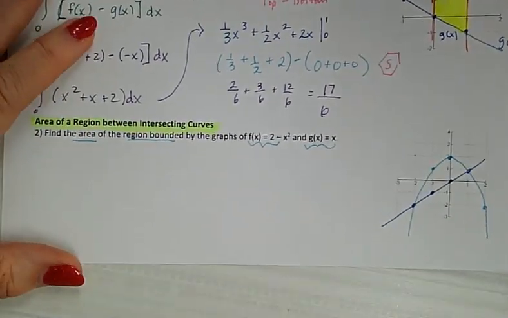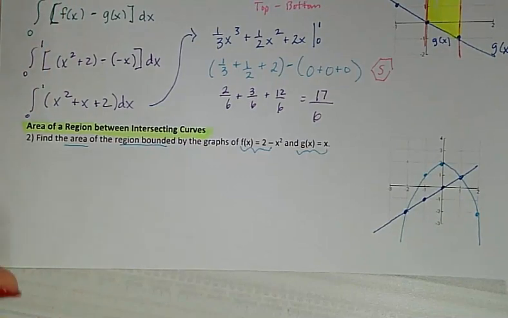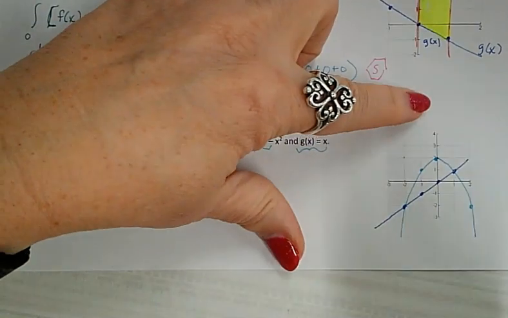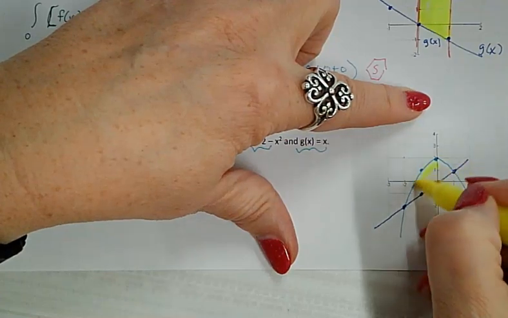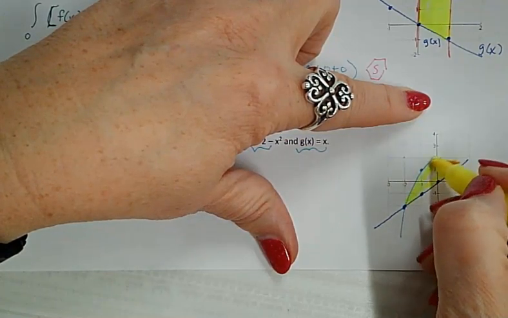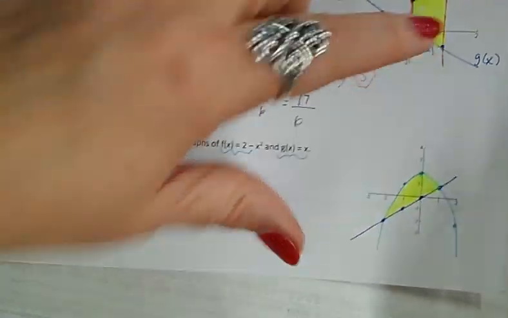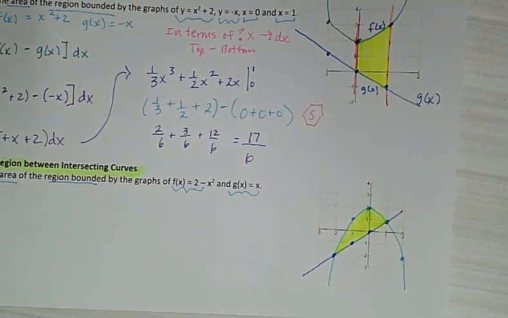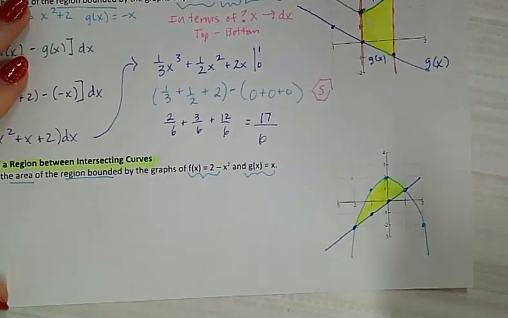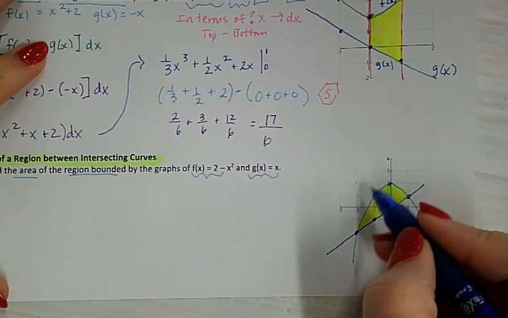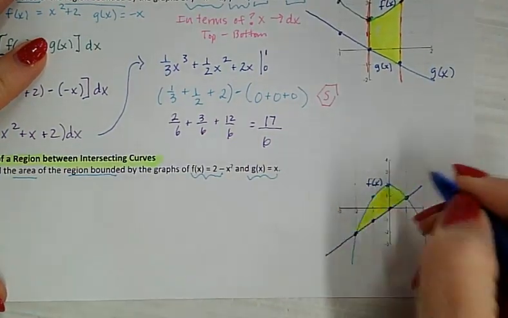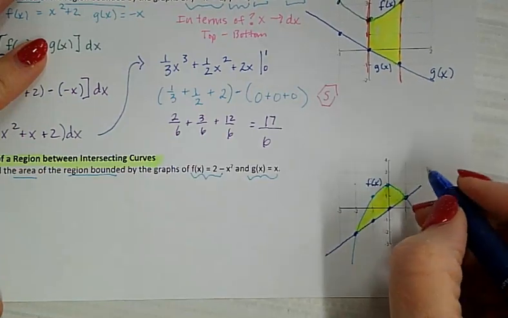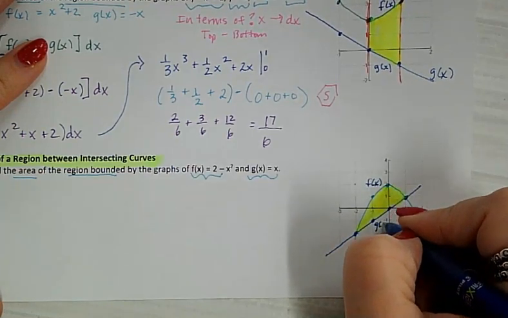Okay, so what is it we're trying to find the area of? We're trying to find the area between the curves from each intersection point. So this is the area that we're looking for. So I'm looking at this area, and when I label this, I know the upside down graph is going to be my f of x, and I know the straight line is going to be my g of x.